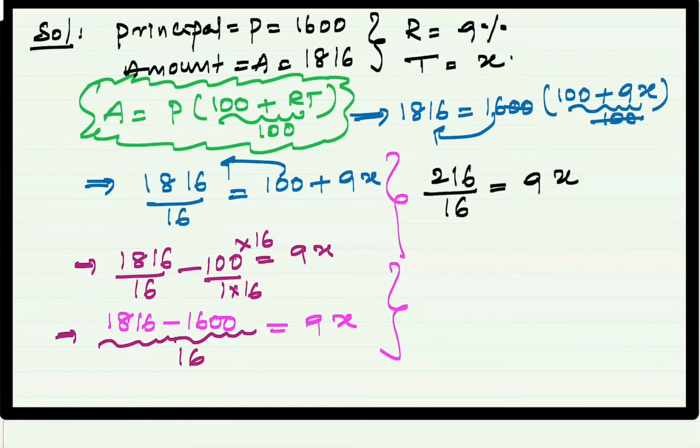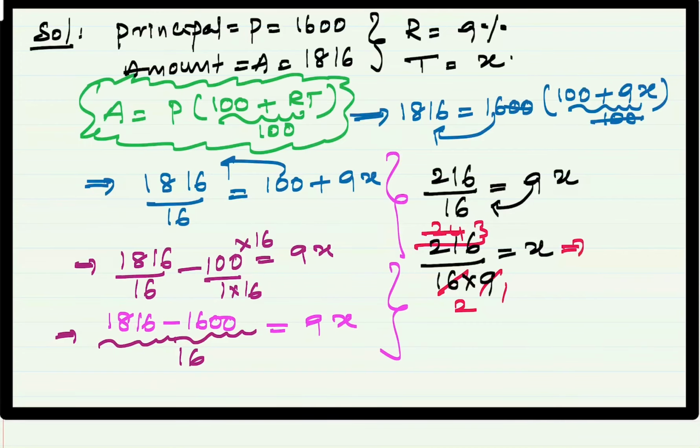Okay. Now 9 we have to take to this side. So it becomes 216 divided by 16 times 9, that is equal to X. This is the time period now. So cancellation here. 9 ones are 9, 9 twos are 18, 9 fours are 36, 8 twos are 16, 8 threes are 24. So here we can write X equal to 3 by 2 years.